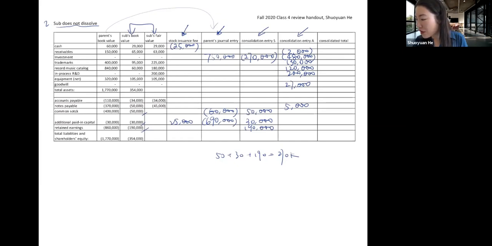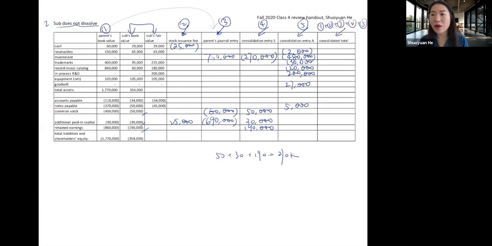And then the last column, consolidated total numbers. Basically, we take the parent's book, and then we add this journal entry to record the stock issuance fee. And then the parent's journal entry, consolidation entry S and A. So it's 1, 2, 3, 4, 5.